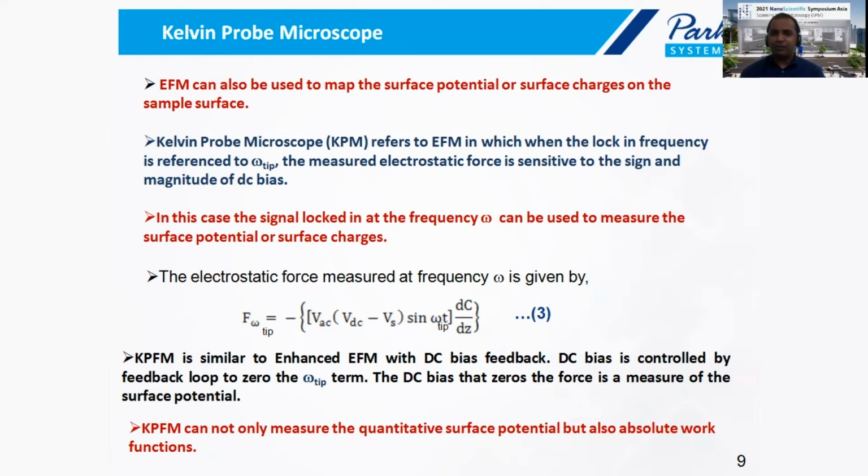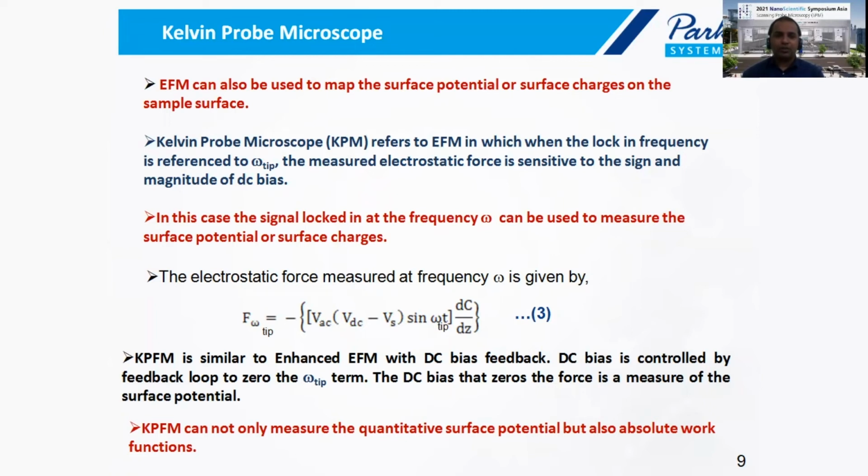That entire map of this VDC is then nothing but a map of the actual surface potential of your sample surface. So, just by sweeping this DC bias, we are in a position to map quantitatively what the surface potential of your sample is.